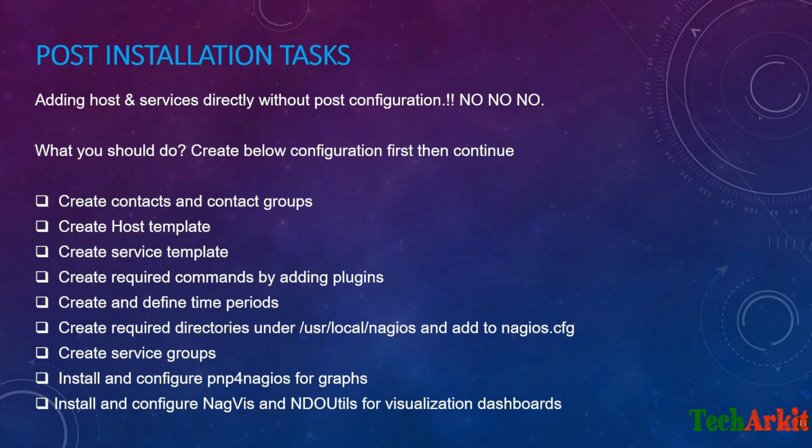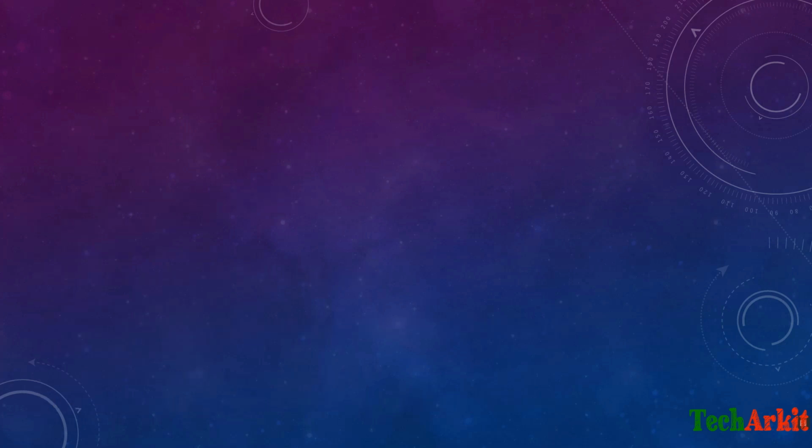So before adding any host or services to the monitoring, you set up everything, graphing services, Nagios and utilities, then add the hosts so that you don't need to modify those services again. So let's see here how you can define the host definition, the host template.